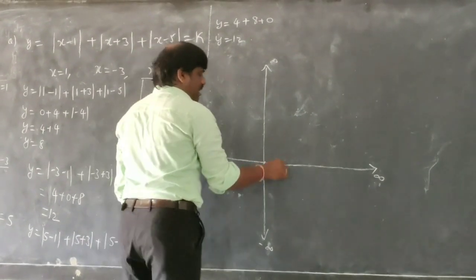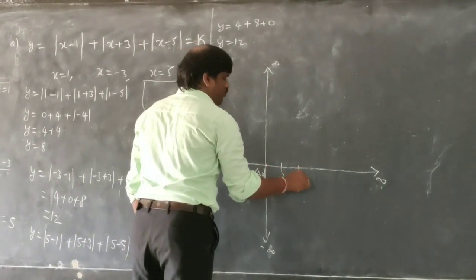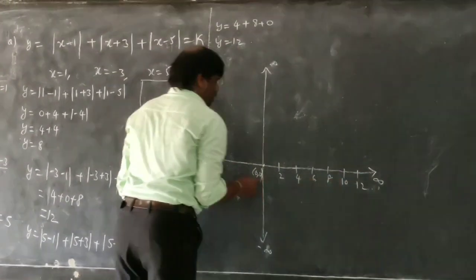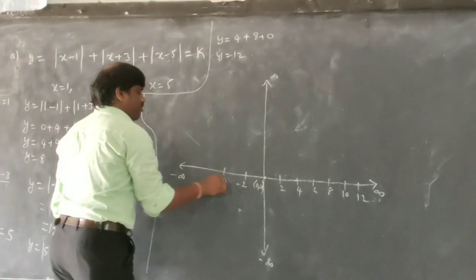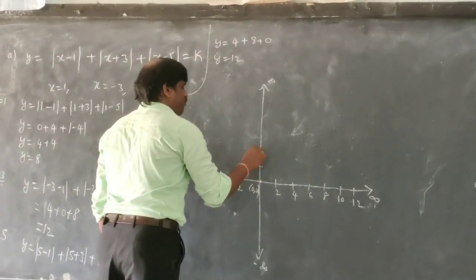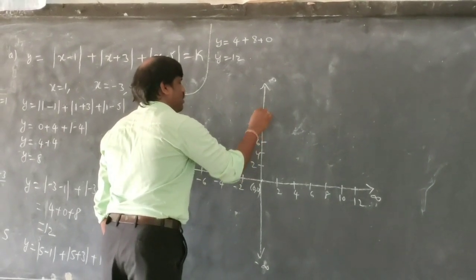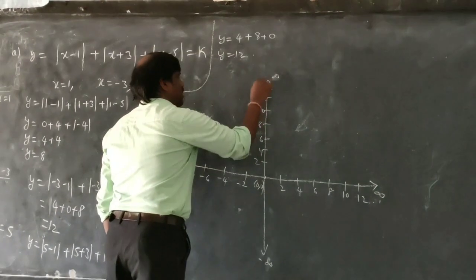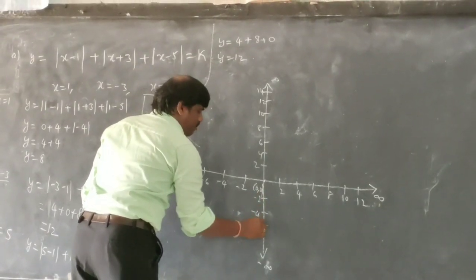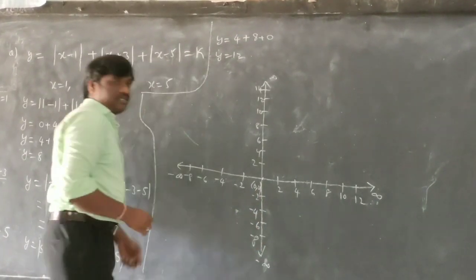I take the axis with 2 units: 2, 4, 6, 8, 10, 12 like this. Here also minus 2, minus 4, minus 6, minus 8. And down we can take minus 2, minus 4, minus 6, minus 8 like this.